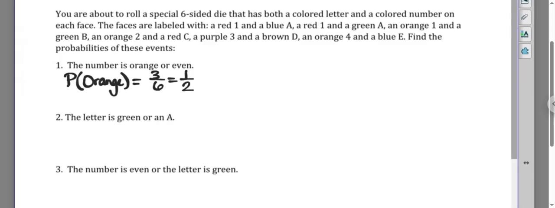Which is 1/2. So now I'm going to calculate the probability of an even number, which is 2 out of 6, right? So I'm going to restart.